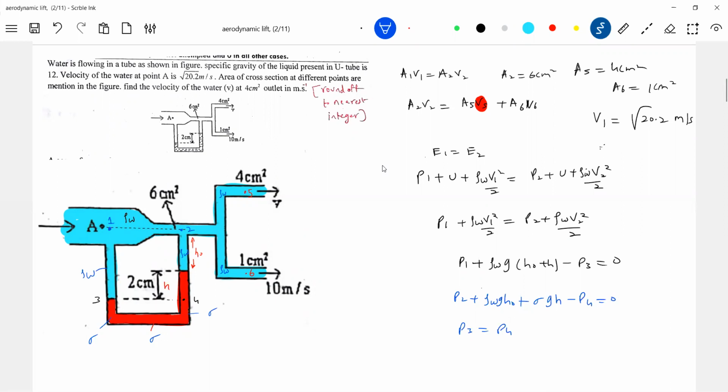So P1 plus rho W G H naught plus H equals P2 plus rho W G H naught plus sigma G H. Rho W G H naught cancels out.